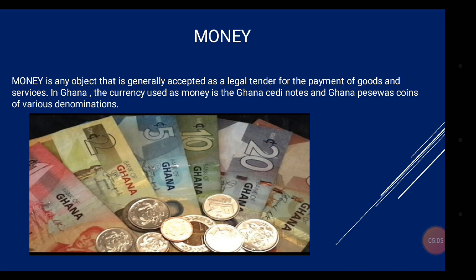Let's talk about money. You can see the Ghanaian currency here: the 50 cedis note, 20 cedis note, 10 cedis, 5 cedis, 2 cedis, and 1 cedi note. Then you can see the coins also. Money is any object that is generally accepted as a legal tender for the payment of goods and services. And the key word here is legal tender.